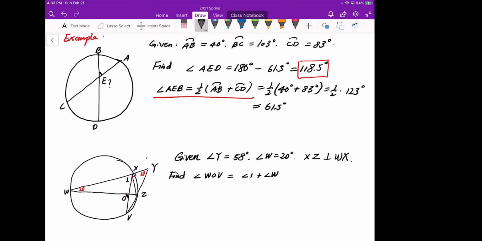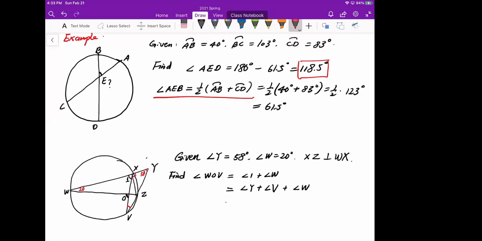But what is angle 1? I can write angle 1 to be angle Y plus angle V. Angle 1 is exterior, so it is the sum of angle Y and angle V. Very good.